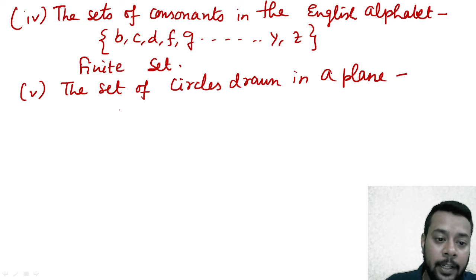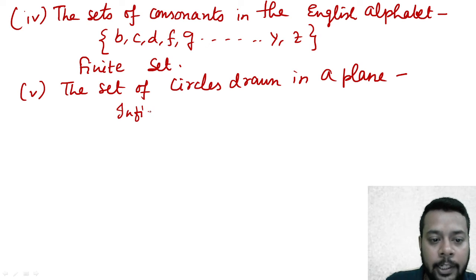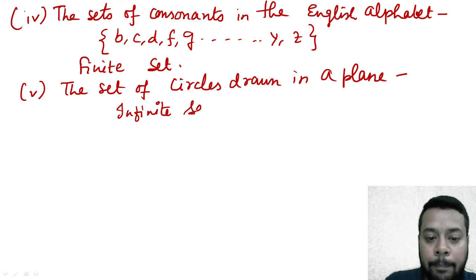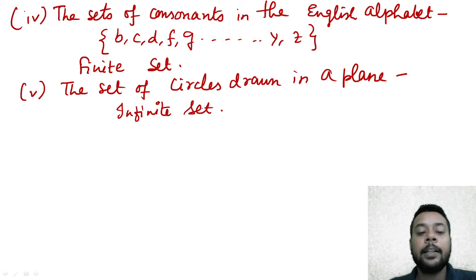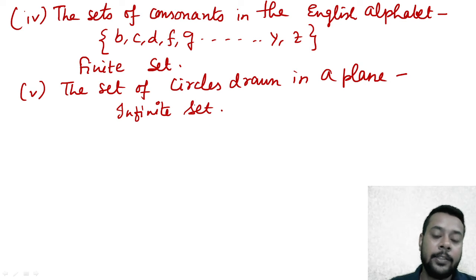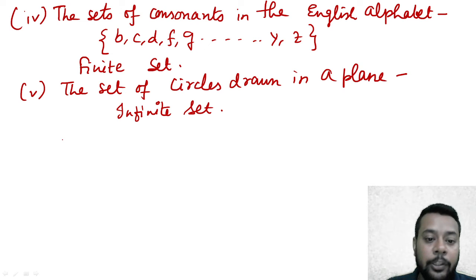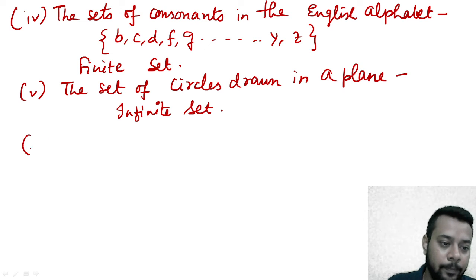That is why this type of question is considered an infinite set. I repeat the explanation: there can be an infinite set of circles drawn in a plane. So this will be an infinite set.